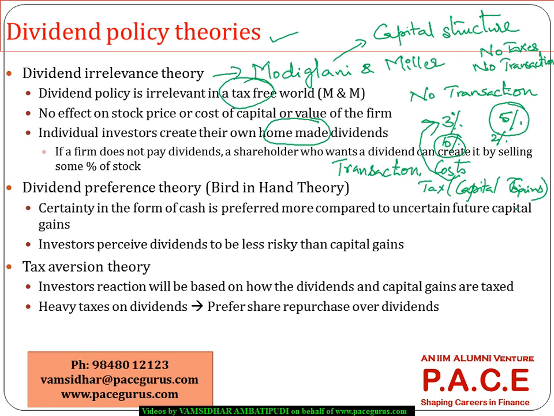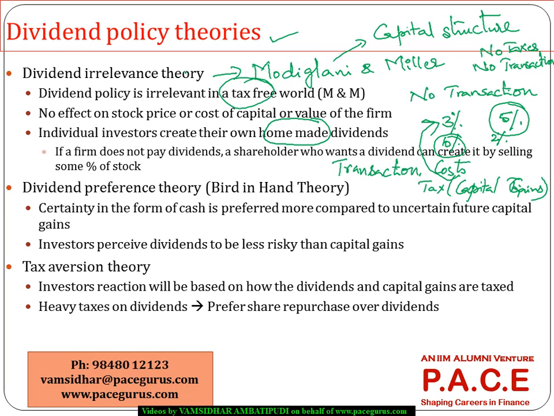But his proposition was to look at it as a base. In a world where there are no transaction costs and no taxes, the dividend policy is really irrelevant. Whatever dividend the company is giving is not of much relevance, because the investor can create his or her own dividend by either selling or buying the shares.